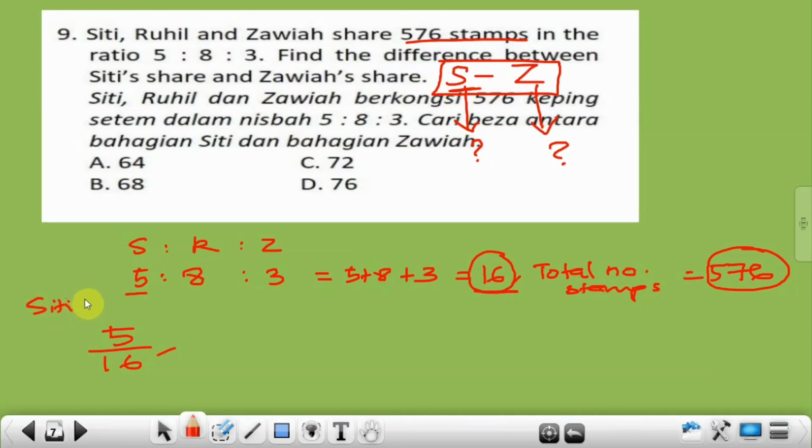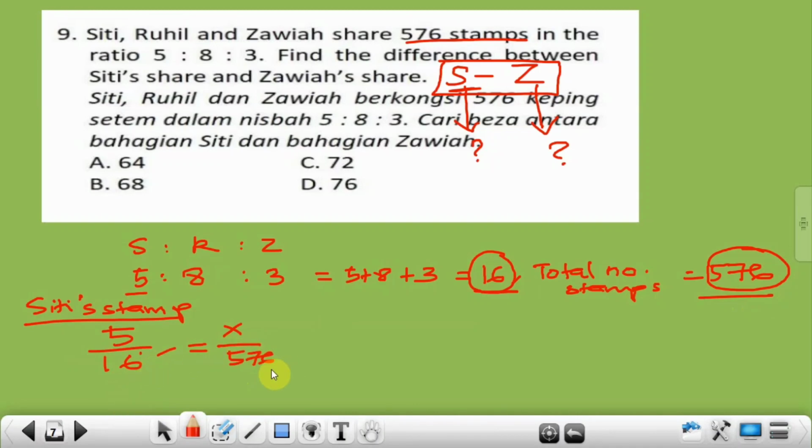We want to find out Siti's stamps. So 5 to 16, the total number, is equal to, let's say Siti's stamps is X, divided by the real total value, 576.